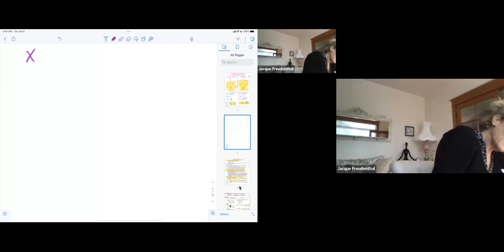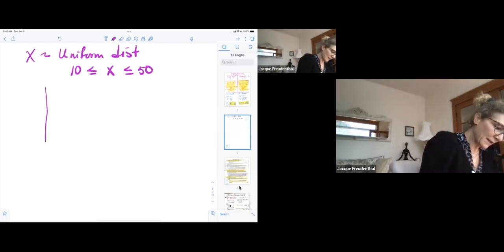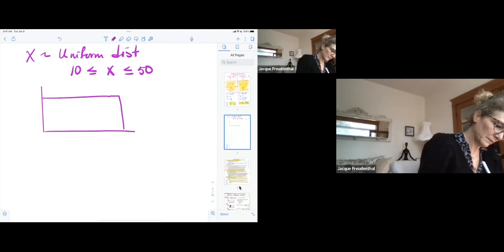X follows a uniform distribution, and we know that X is defined between 10 and 50. So if I'm going to draw the graph, I know 10 to 50 is going to be my X.